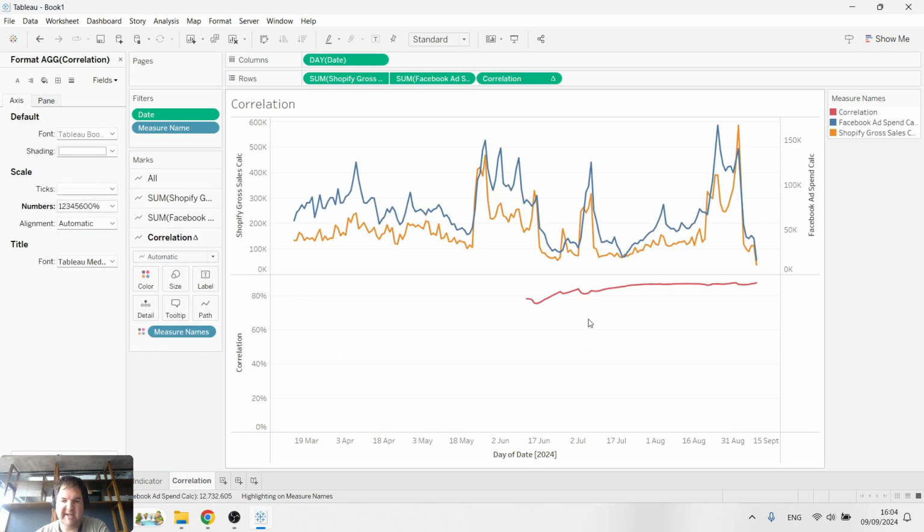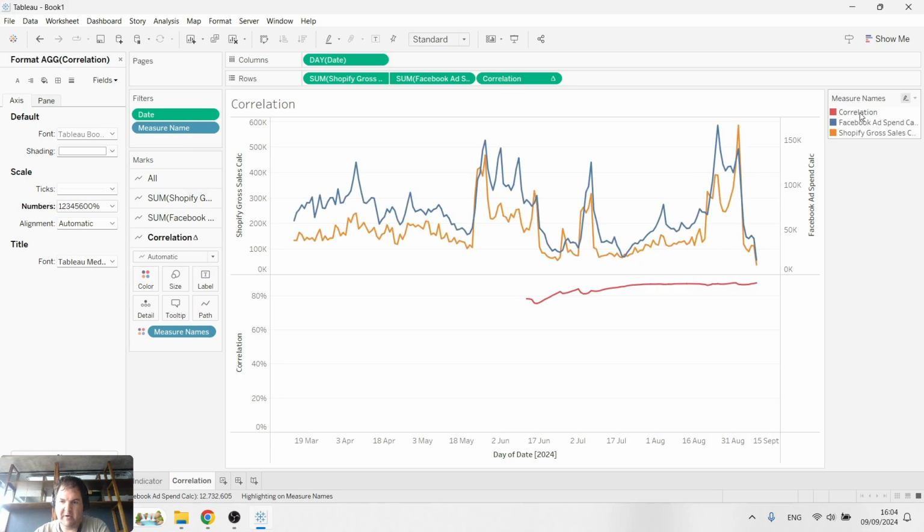Now, another sign that a metric is a leading indicator is that you'll see a very strong correlation. So in this third visualization, we've got the two KPIs we were looking at before on top of each other. We can see the shapes are very, very similar. They follow each other.